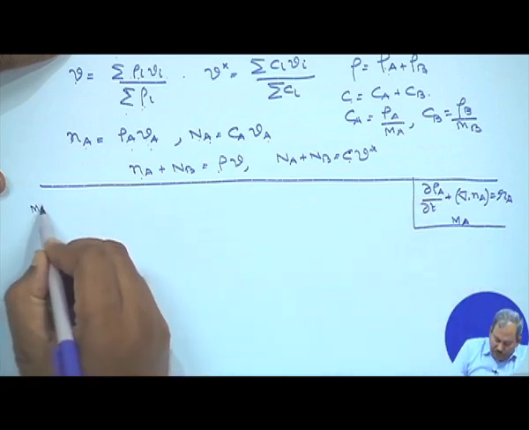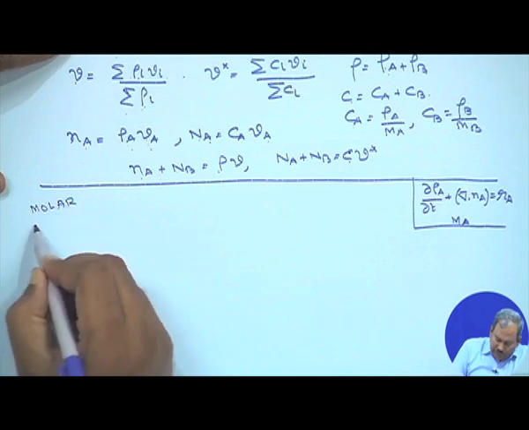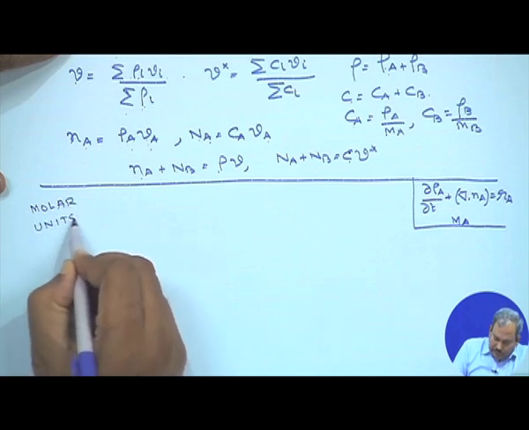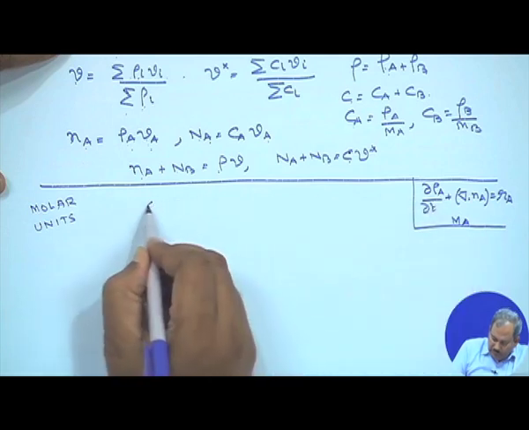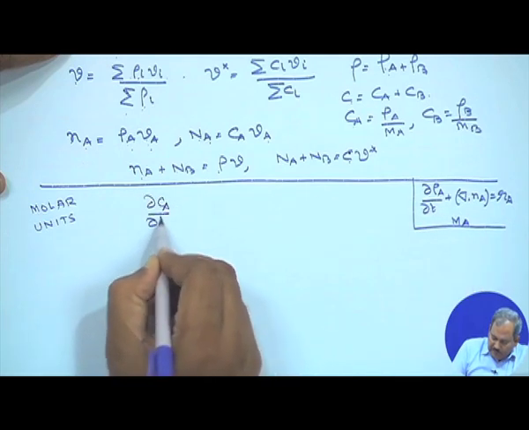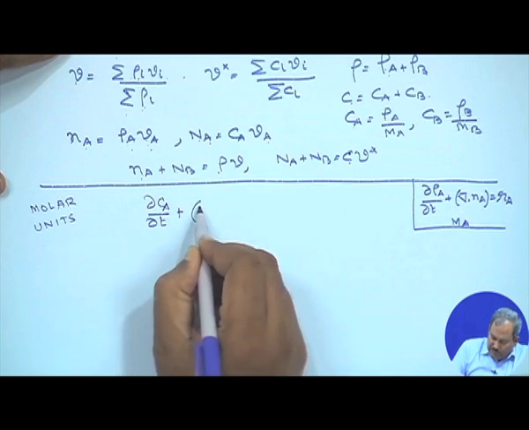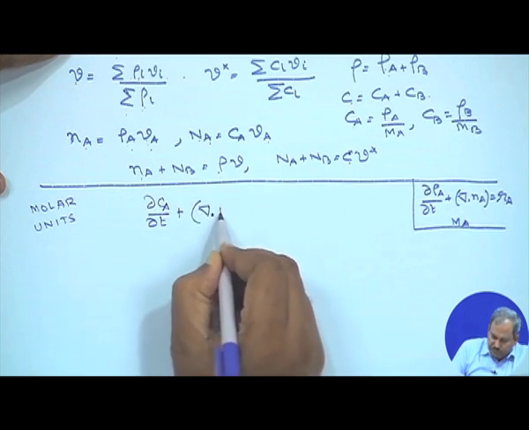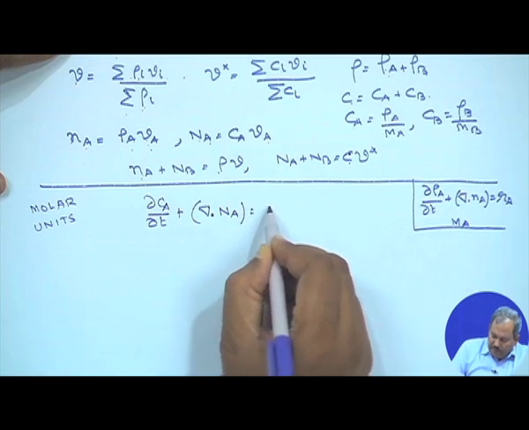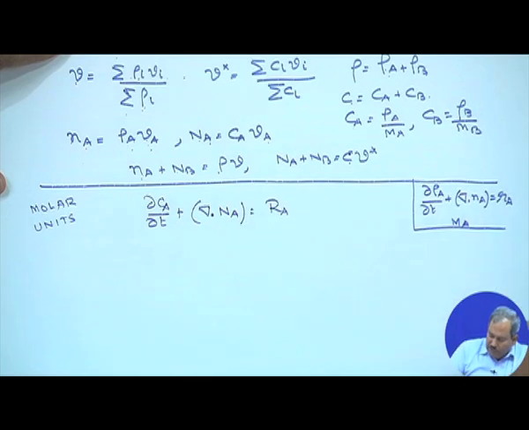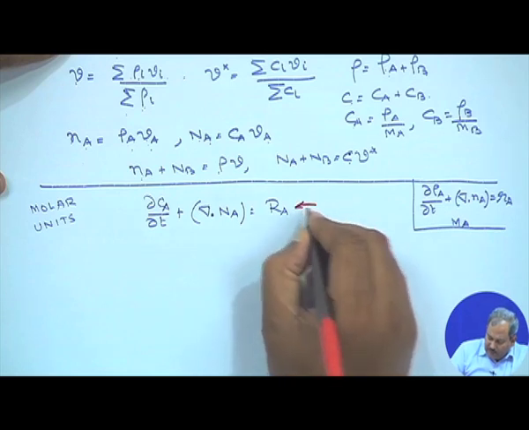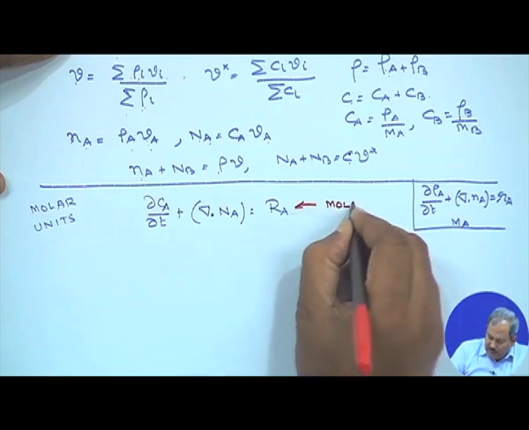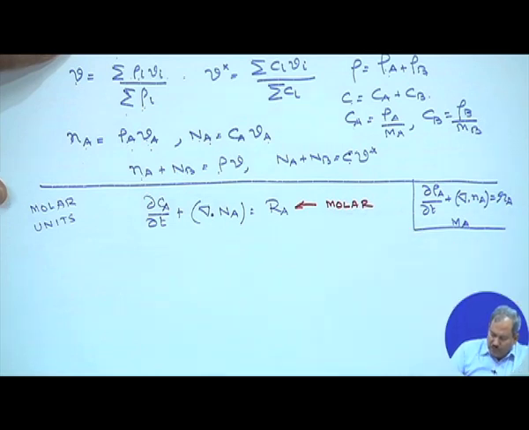In molar units, this equation would simply be del Ca by del t plus del dot Na is equal to Ra. Note that this Ra and everything else in this expression is in terms of molar units.